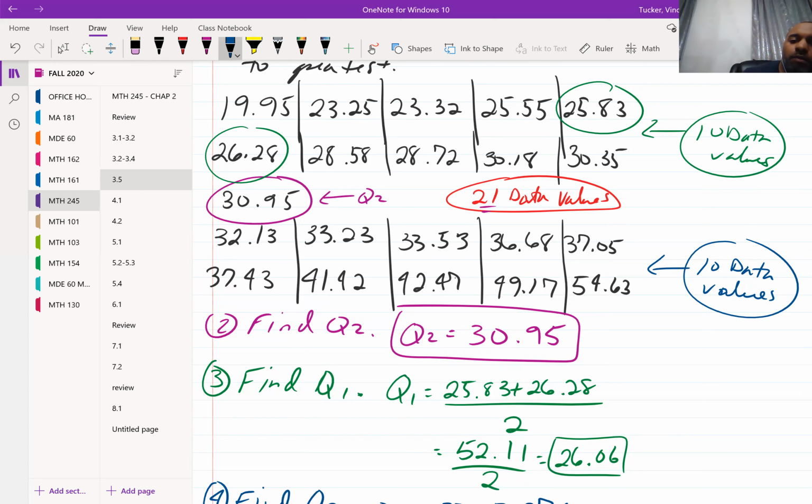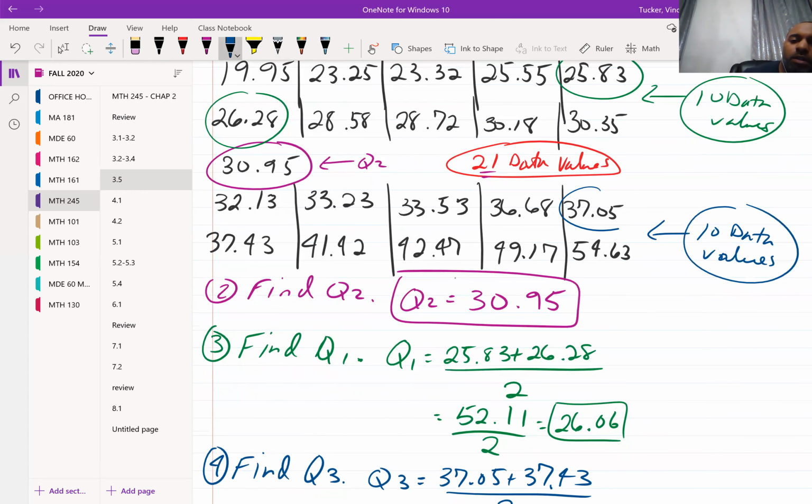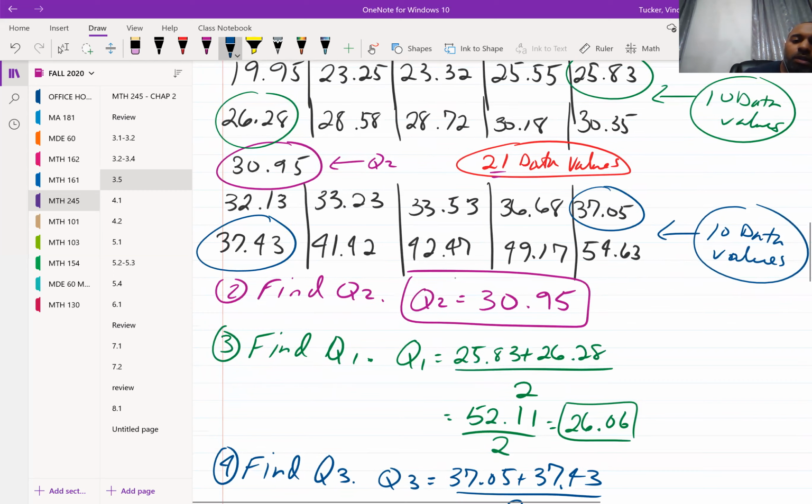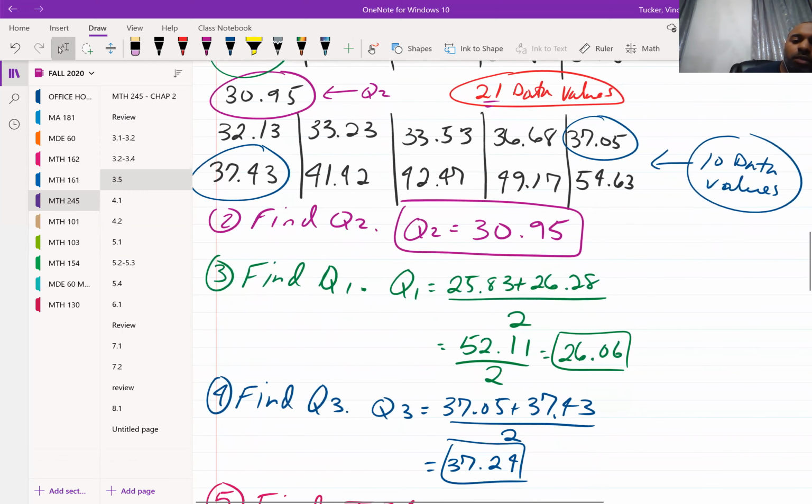All right, and then for Q3, take our two middle values, add them together, divide by 2. That'll give us 37.24. All right, questions?